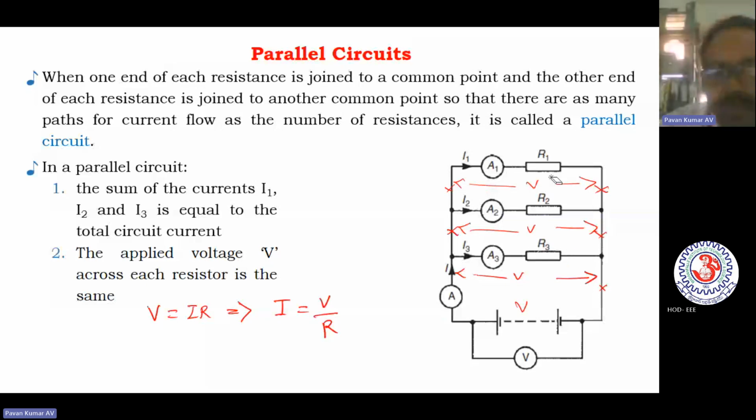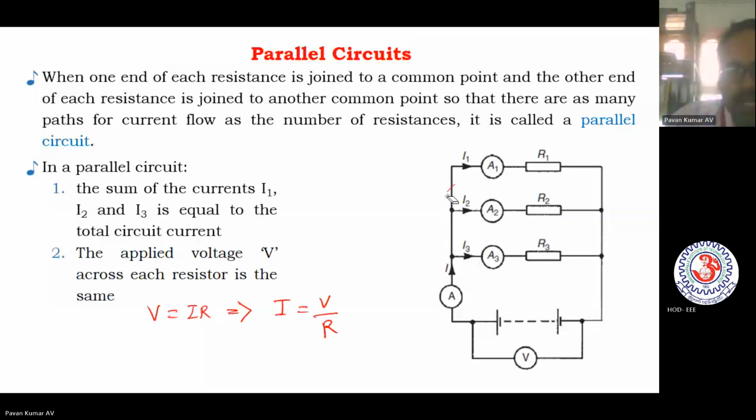Based on this property, the total current coming from this part reaches this node, where three parallel resistances are connected. So the total current I divides into three. How will the current divide?